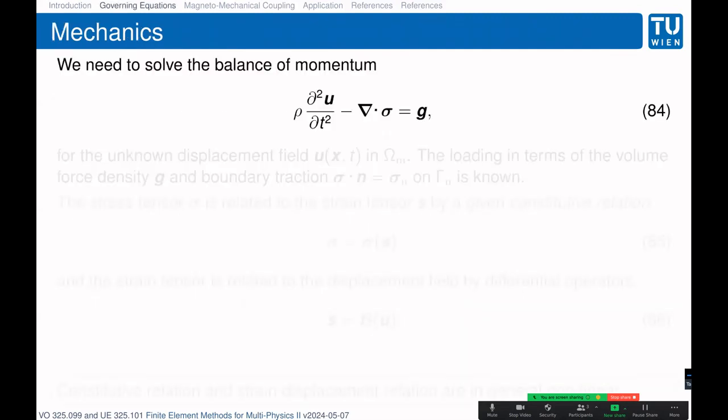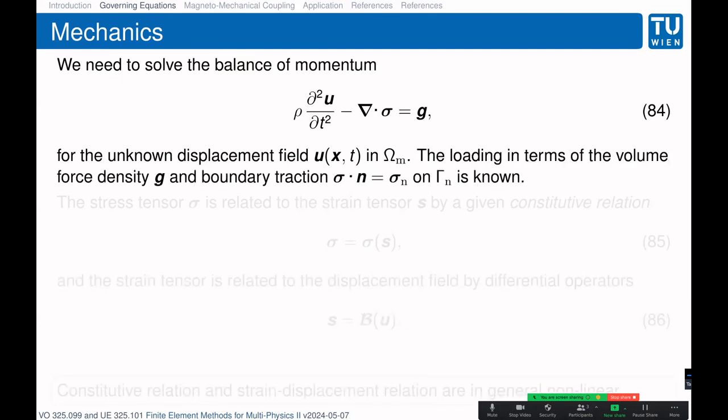So just to remind you, in mechanics we have the balance of momentum as our governing equation. We have unknown displacements denoted U, and we have a loading term on the right-hand side. So this is a force density in general, and this also comes from the magnetic forces. So they can be contained here. And typically the boundary traction, so at the mechanical boundaries, we can also have forces, and they should be known or come also from magnetics.